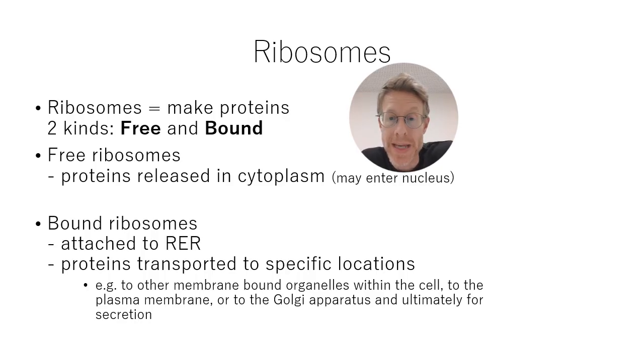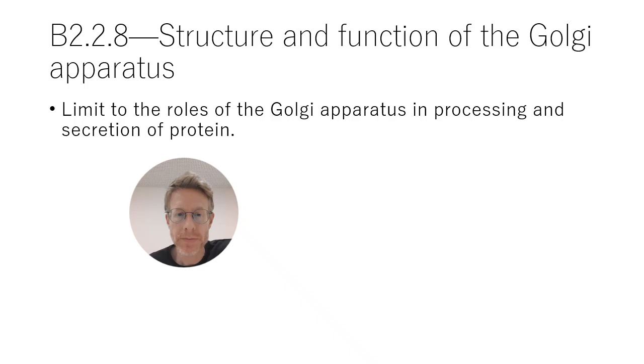So the enzymes in a lysosome would be created at ribosomes bound to the rough ER. The Golgi apparatus is working together with the rough ER very closely, and it's responsible for processing proteins that will be secreted, usually secreted from the cell.